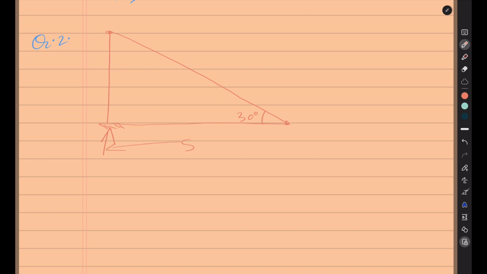So after breaking down, the top of the tree is here, isn't it? And because it has broken down from here, it's 8 meters away. Then find the height of the tree.